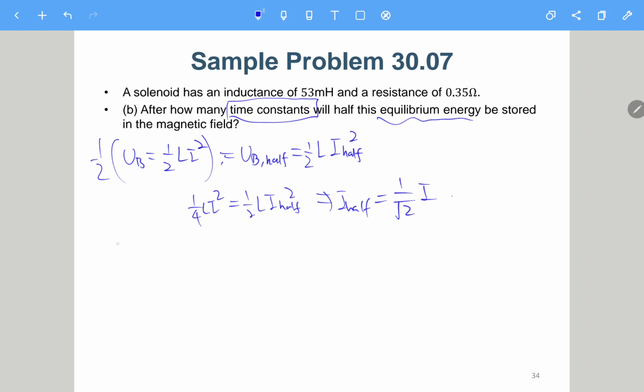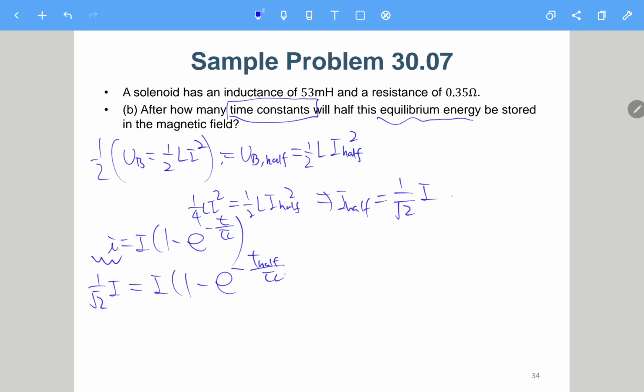And actually the expression should be I equals I max times 1 minus exponential to negative t over tau L. So in this case, I half, which is 1 over square root of 2 times I max, equals I max times 1 minus exponential to negative t half over tau L. So I max and I max can be cancelled, and then we have exponential to negative t half over tau L equals 1 minus 1 over square root of 2.